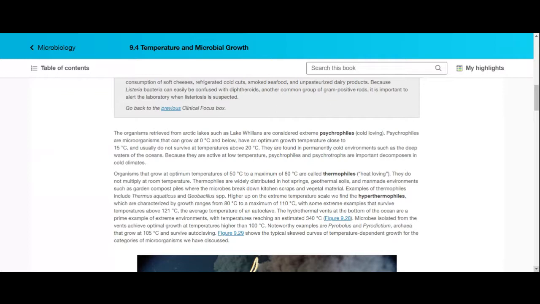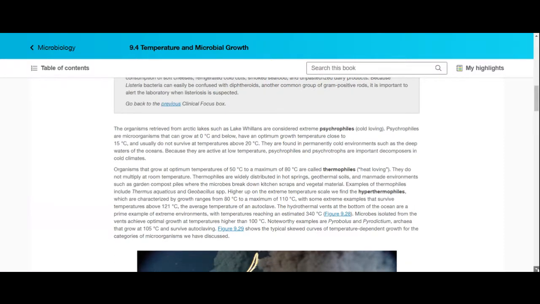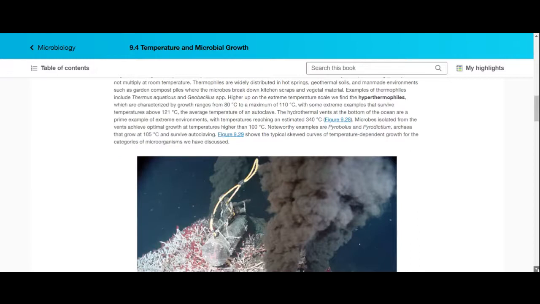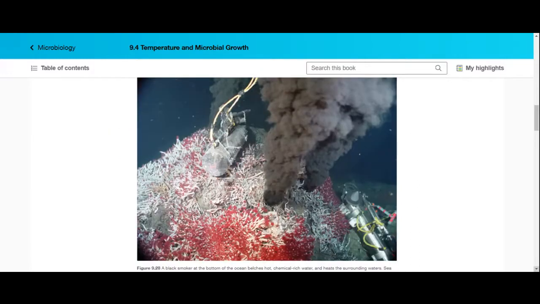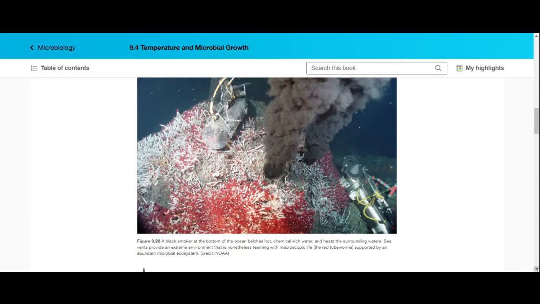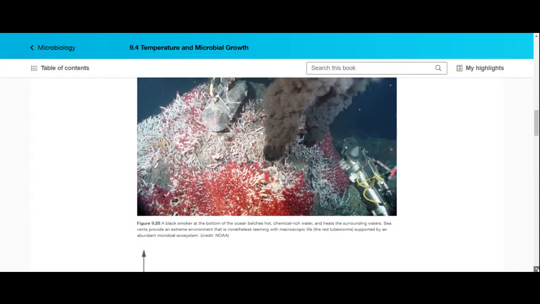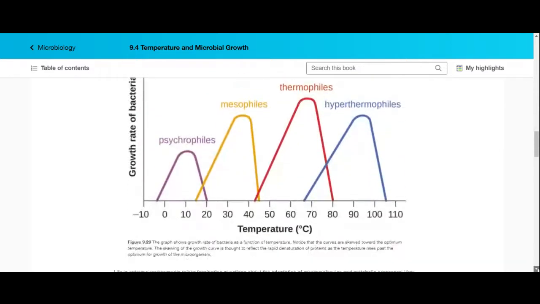Again, these hyperthermophiles most of the time are archaea. They don't belong in the eubacteria domain. Here's a picture of a vent at the bottom of the ocean where we would have bacteria, these hyperthermophiles that would live there.